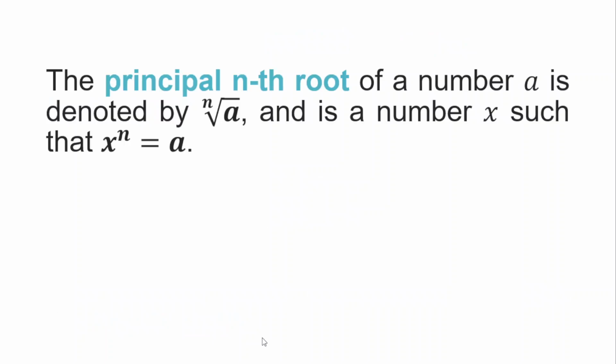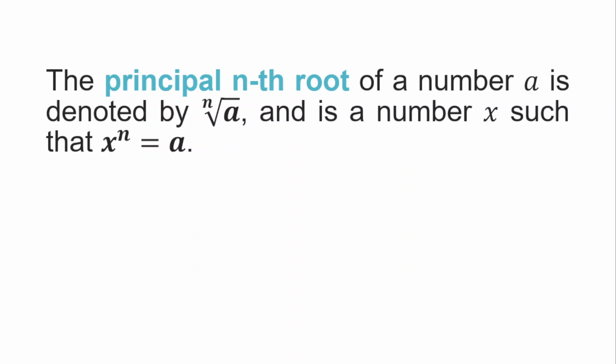Okay. So the principal nth root of a number a is denoted by the nth root of a, and is a number x such that x raised to the n is equal to a. So the nth root of a will be equal to x.